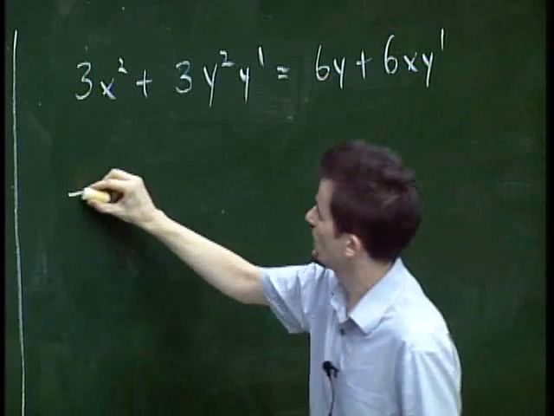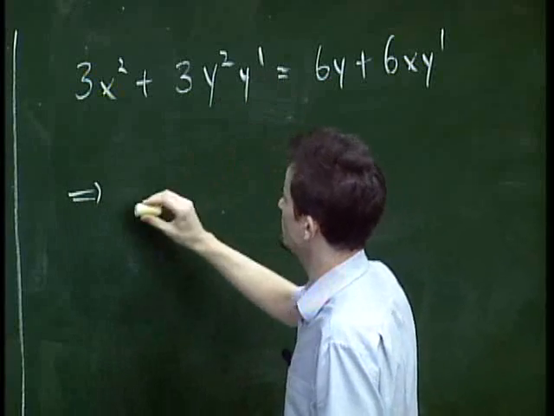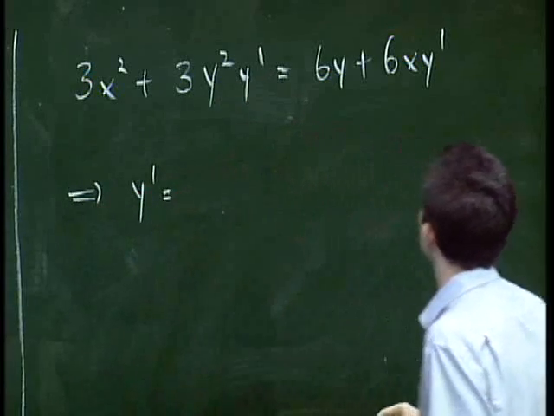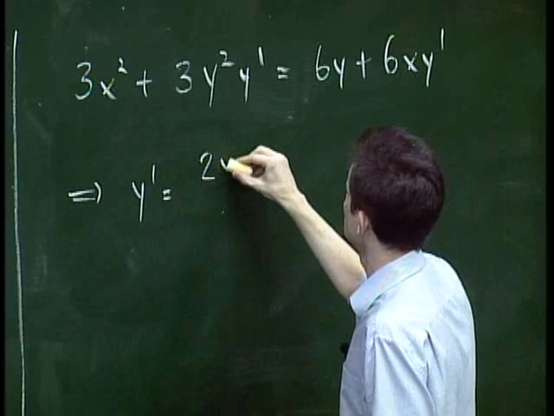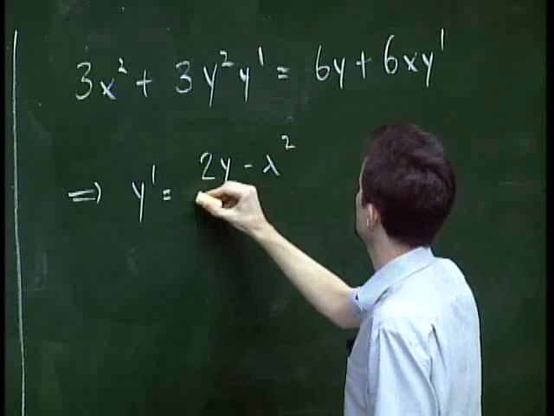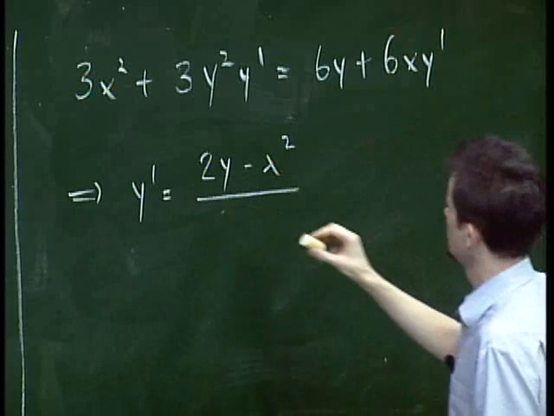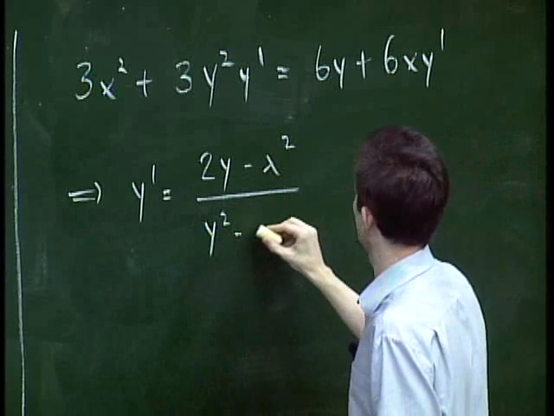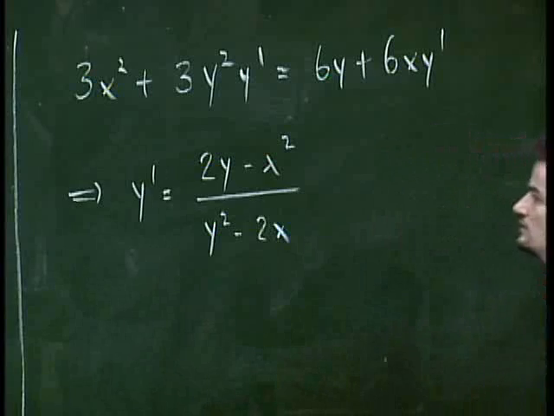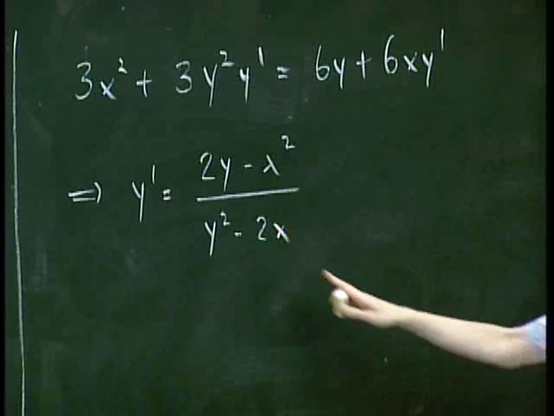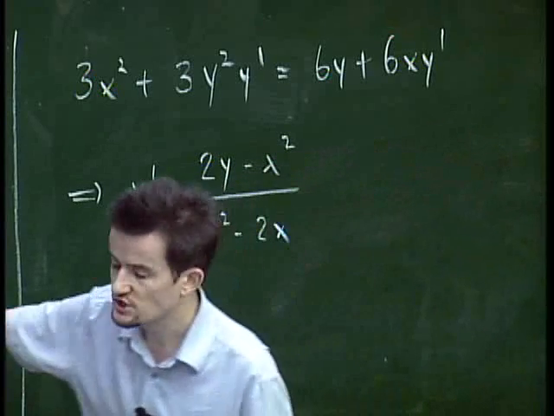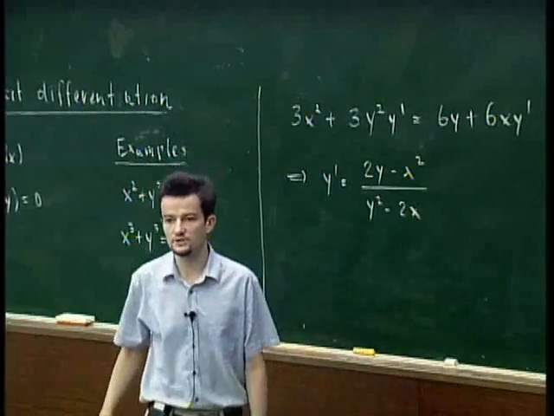Now you solve this for the derivative, and what you get is 2y minus x squared over y squared minus 2x. So this is the derivative of the function implicitly given by this equation.